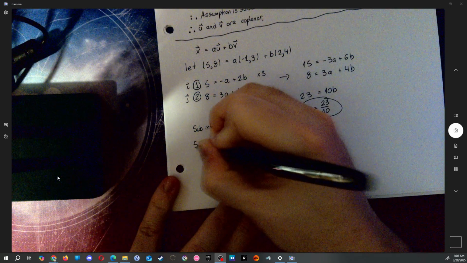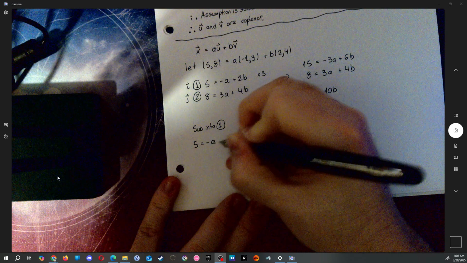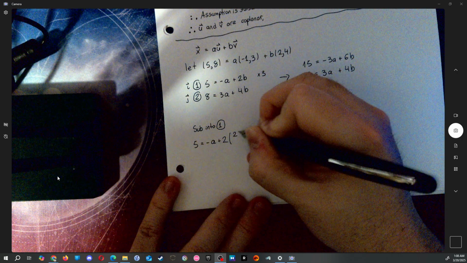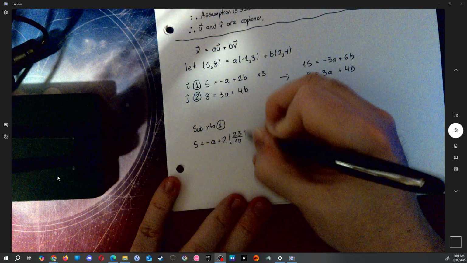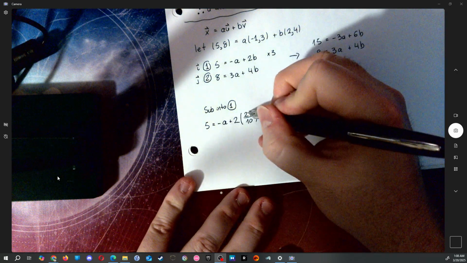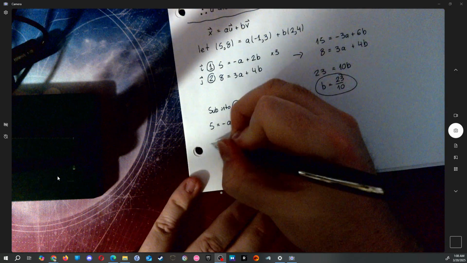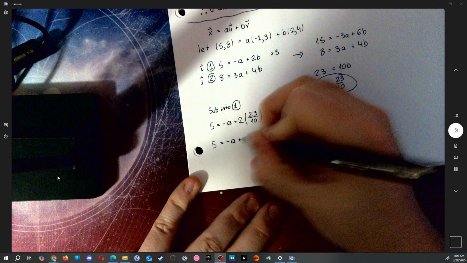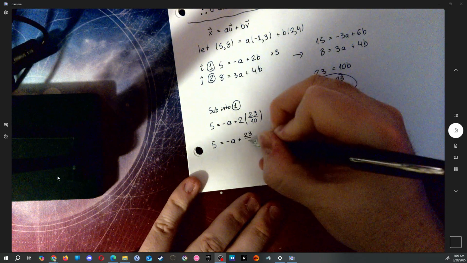So I've got 5 is equal to -a plus 2 times my b value of 23 over 10. And now just our calculation. The 2 and the 10 simplify, so I'm left with 23 over 5. I won't skip any steps, so minus a plus 23 over 5.